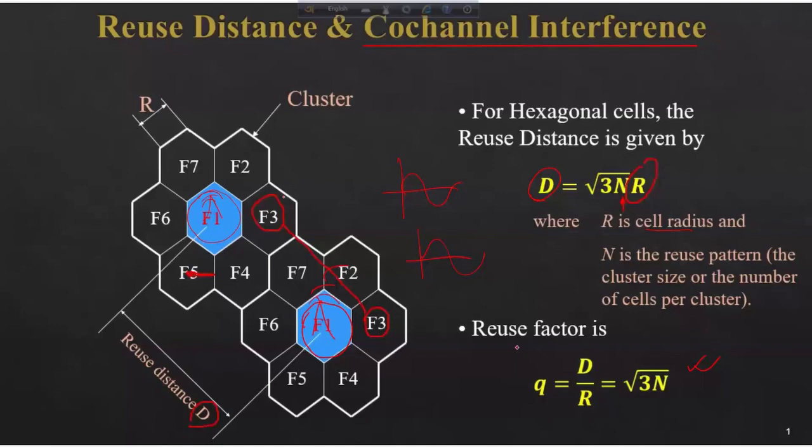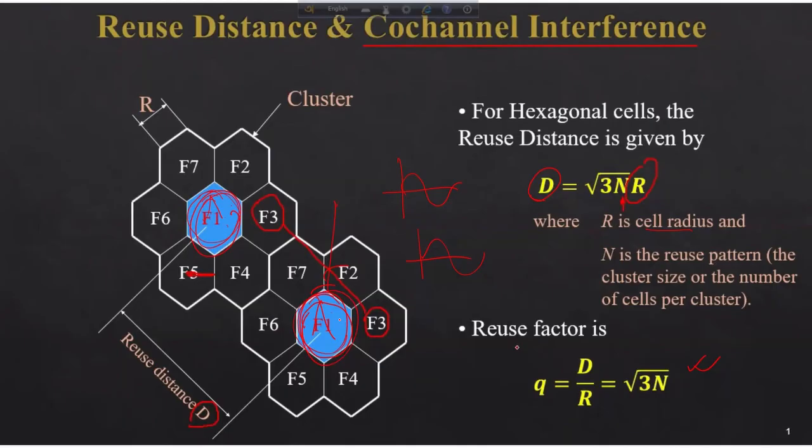Those two signals can create interference for each other. For example, the signal from this cell can cause interference to this cell, and the signal from this cell can cause interference for this cell. That interference is known as co-channel interference.